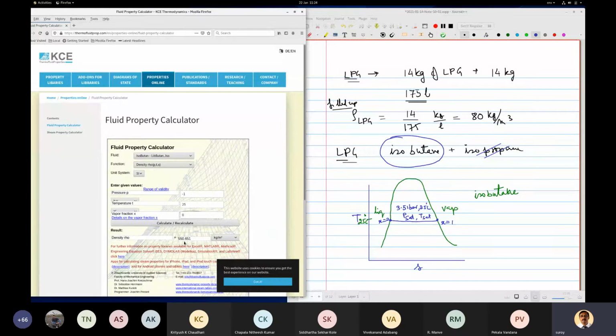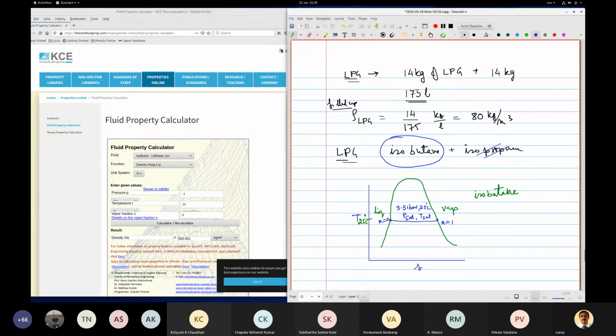So here it is. What is the density here? The density at this point is rho F, saturated liquid. Rho F is equal to 550. And what about rho G?